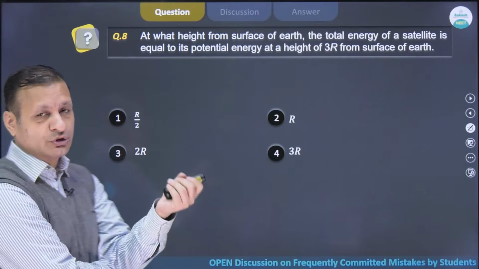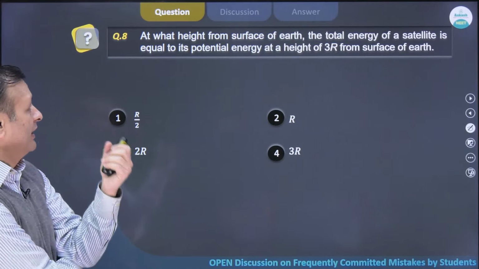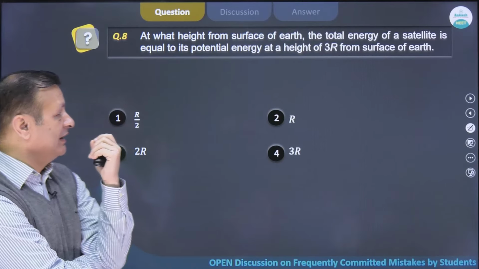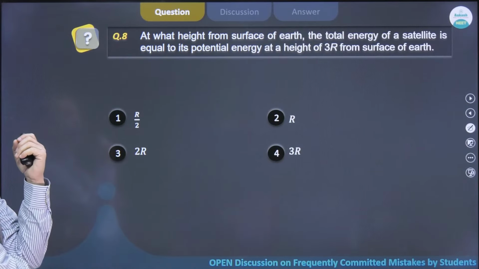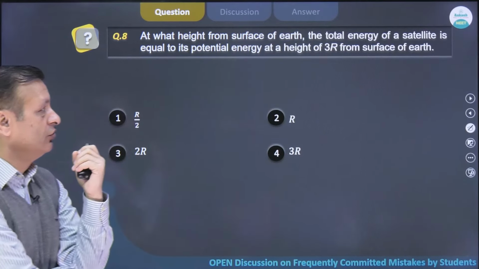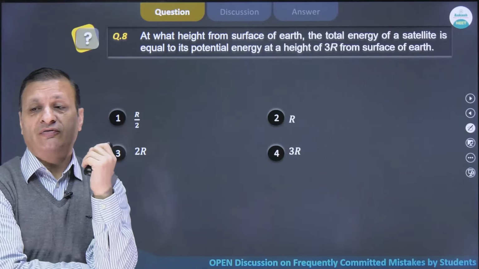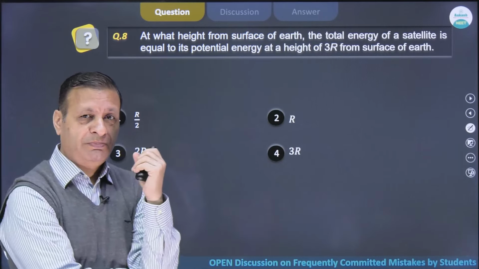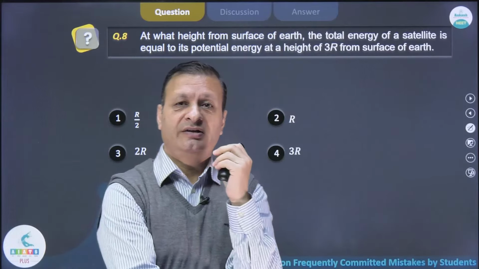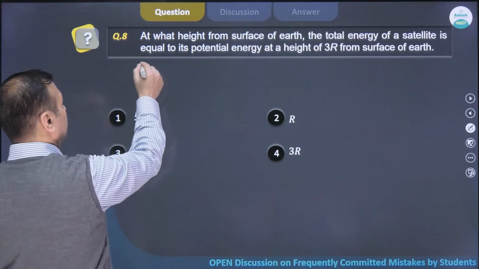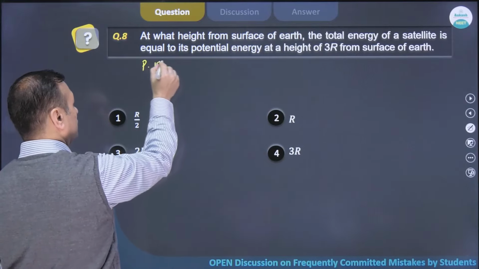Now, the next question. At what height from the surface of Earth is the total energy of a satellite equal to its potential energy at a height of 3r from the surface of Earth? This is from the gravitation part, and we are dealing with a satellite. First we need to understand the potential energy of the satellite at height h.